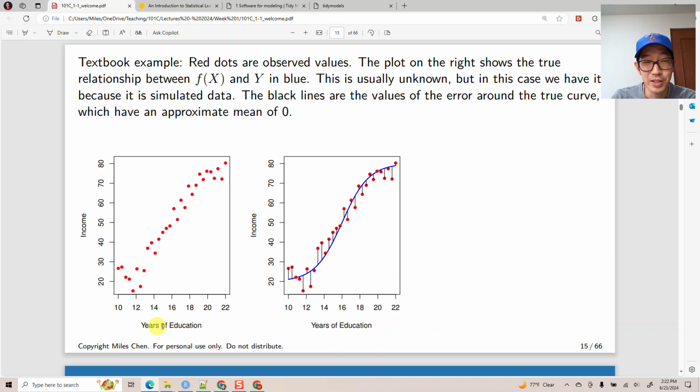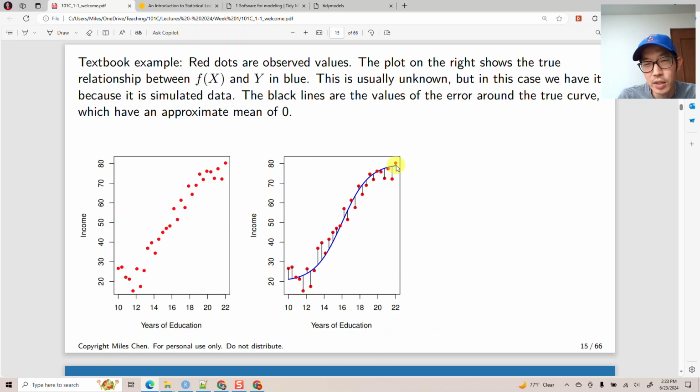Here is just a made-up example. We're trying to say, is there a relationship between the years of education and income? I think this is just some made-up data. I don't know if the relationship is this strong. But the idea is, this is what we observe, and perhaps there's some true relationship, modeled with this blue line, so that overall, as the number of years of education goes up, the income also goes up.